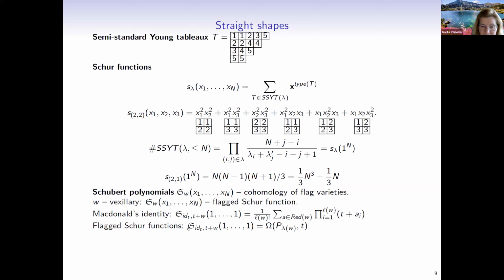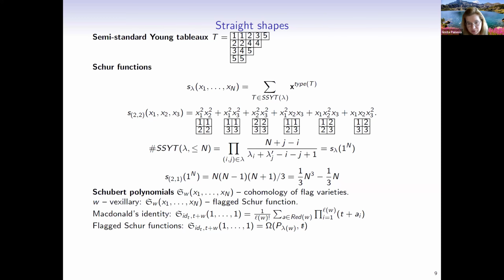And the flagged Schur functions: this identity actually holds for all permutations, but if you take W to be vexillary, you can evaluate the flagged Schur function. It turns out to be the order polynomial corresponding to the poset of the straight shape associated to W. This comes from the Rothe diagram. There is a way to associate a Young diagram to our permutation.